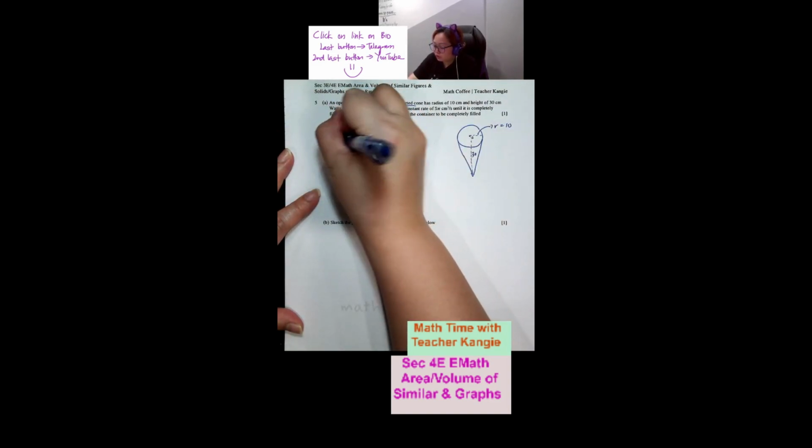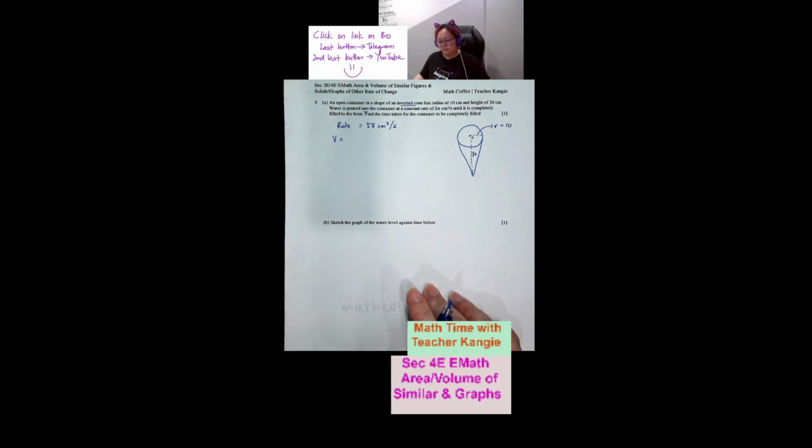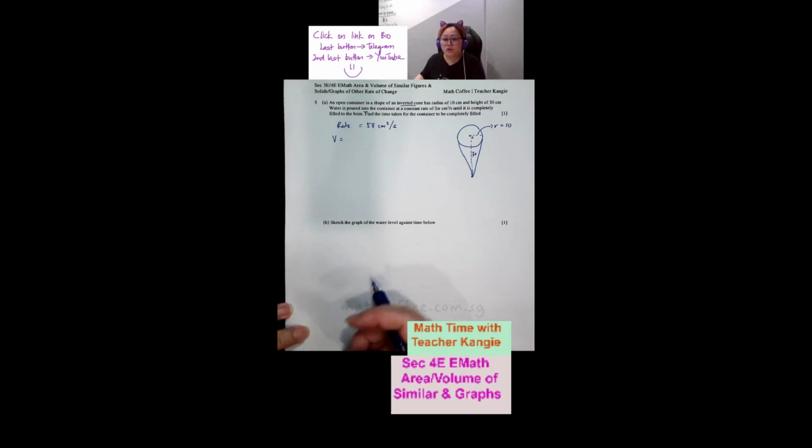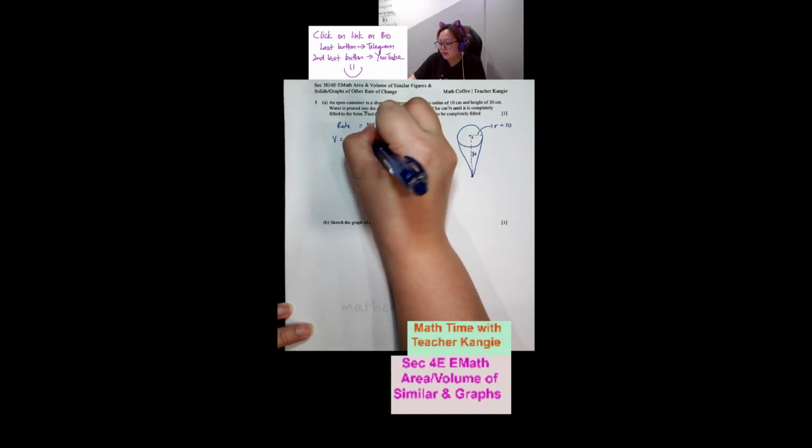So what's the formula to find the volume of the cone? One important fraction. So it should be 1/3 times base area times height.